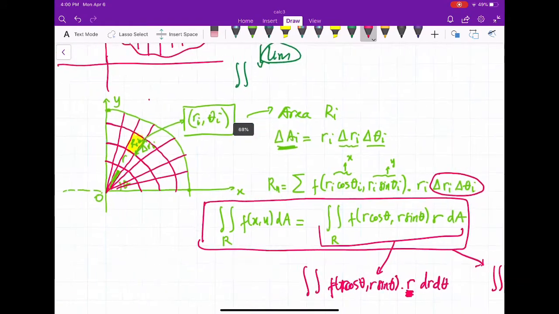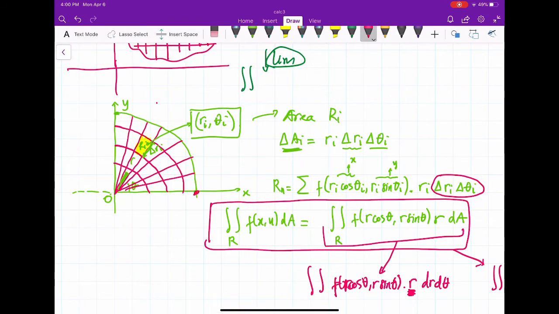All right, so let's go back to this example. Let's say the radius is 2 right here. And we know that this region can be described using theta and r such that r is between 0 and 2, and theta is between 0 and pi over 2.